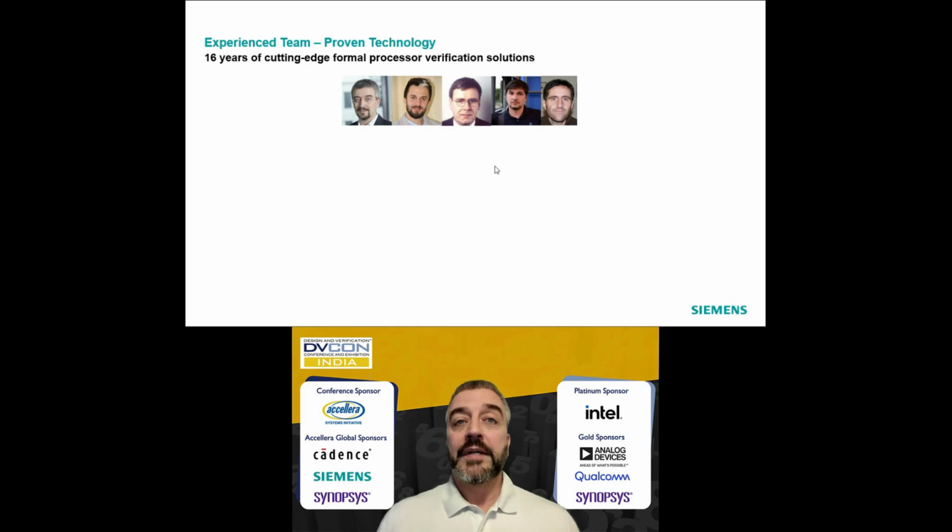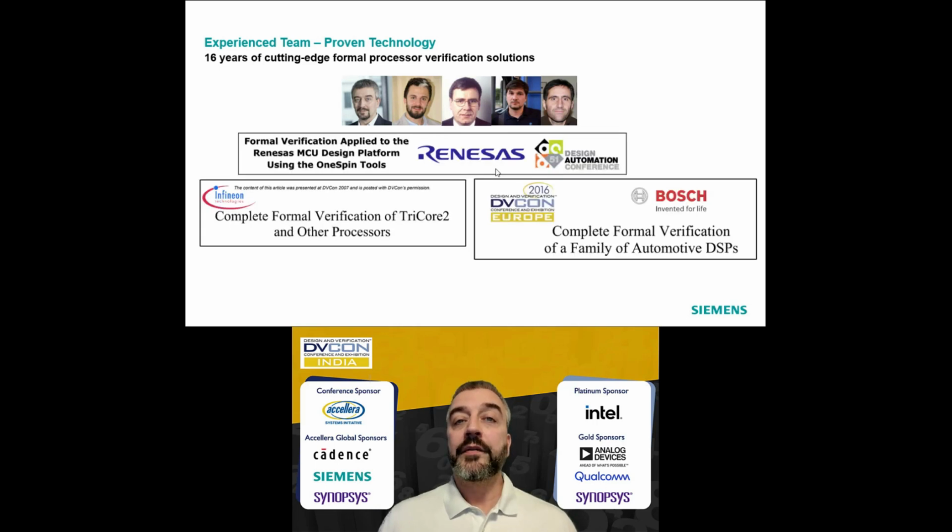But to underline that this is something real and working for customers, I would refer to a couple of papers from other DVCons, so to speak. I guess we have Europe here, we have US here, and we have also DAC. And you see the customer names here. It's the automotive industry, where people are really worried about safety critical certifications, so they are making sure to apply state-of-the-art processor verification.